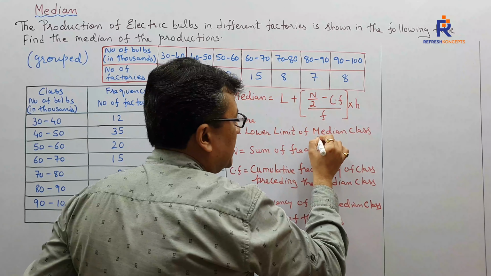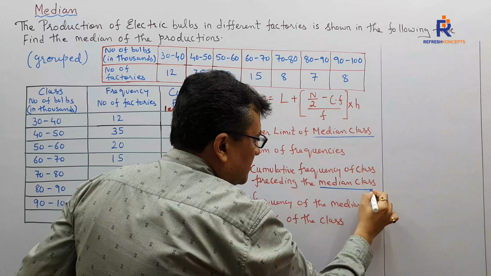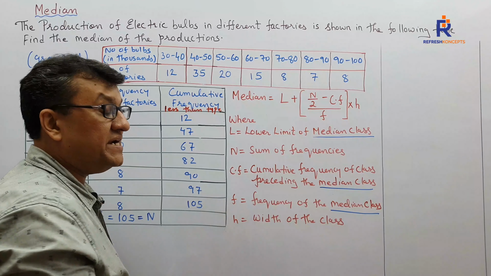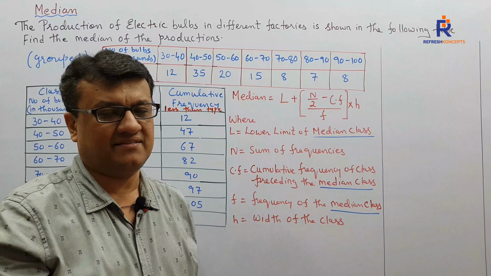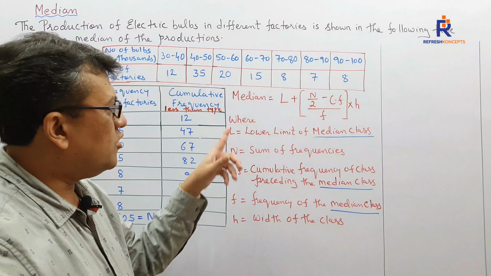But here you might ask me, sir, L, Cf and F depend on the median class. And how to find out the median class? Once again, what is the formula?